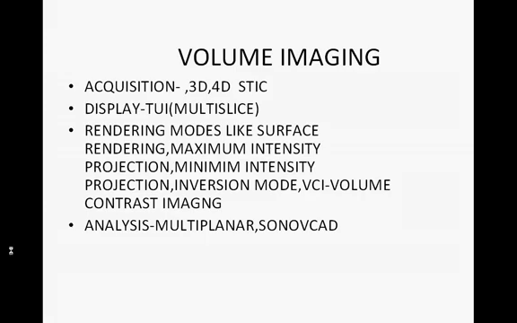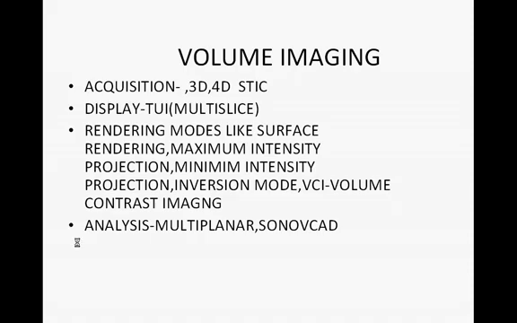That is the concept of volume imaging. It's the volume that is being imaged, the structure of interest, the whole data is being evaluated, and it requires a proper acquisition of the image. The 3D image has to be acquired, then displayed in different rendering modes.